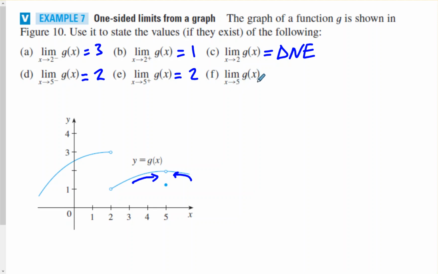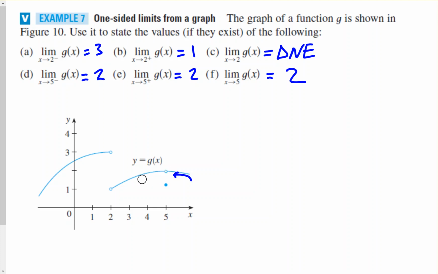Limit as x is approaching 5: both sided limits agree, the left-sided limit and the right-sided limit are both 2. So here, the function is approaching 2.